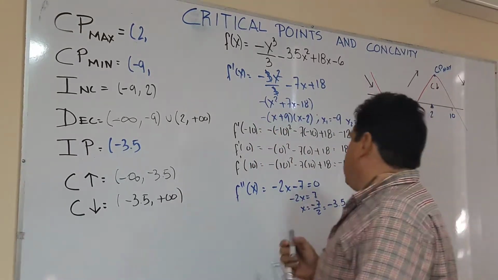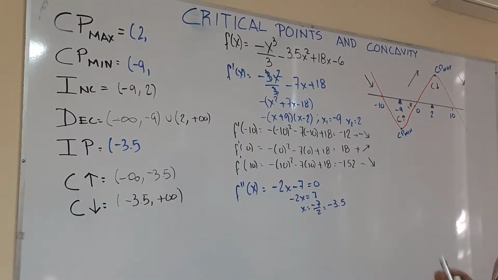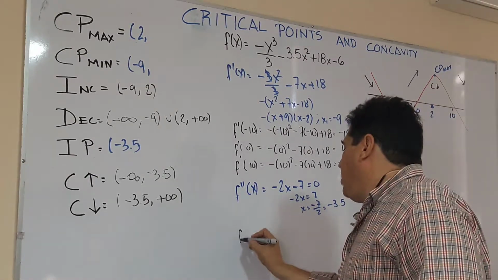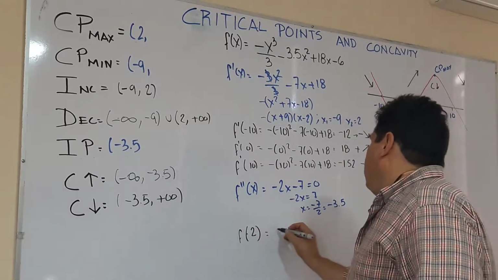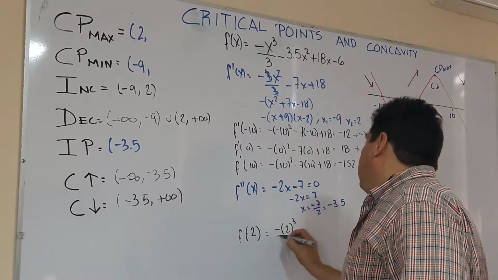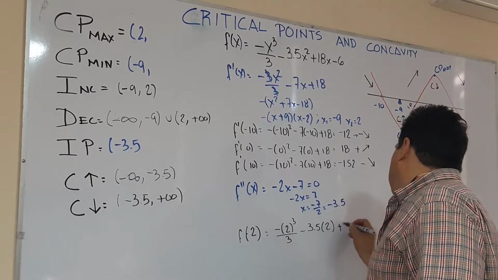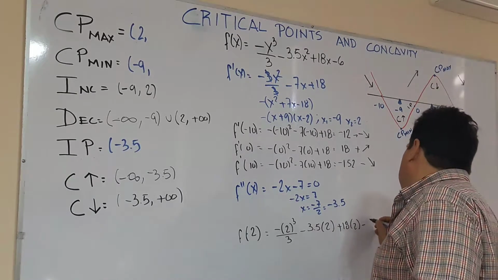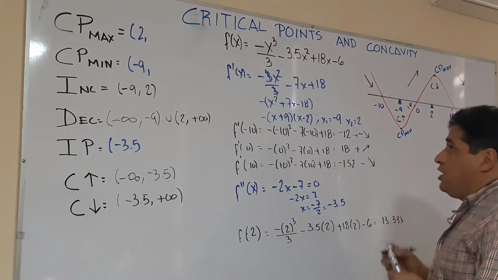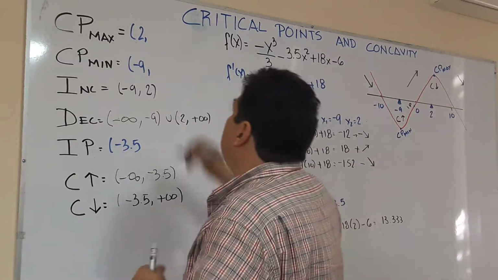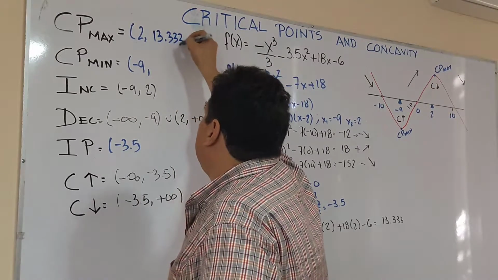Now I need to get the values for the y's and each one of the xy coordinates that we're talking about. So what I'm going to do is go f of 2, which comes out to be minus 2 cubed over 3 minus 3.5 times 2 squared plus 18 times 2 minus 6, which comes out to be 13.333.